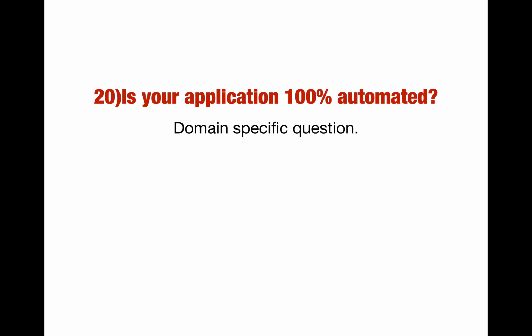Based on how comfortable you are, you can modify your answer and tell them that in my company, we are right now focusing on regression suites. We want to baseline all the regression suites and make sure regression is 100% automated, so that we don't have to manually run them and worry about them. Or if your application is really 100% automated, that's wow, and you can tell them how you automated it.